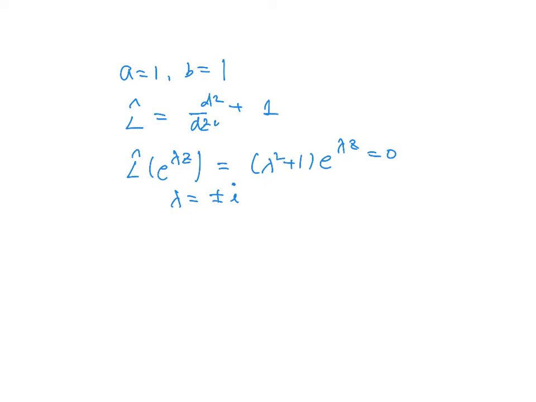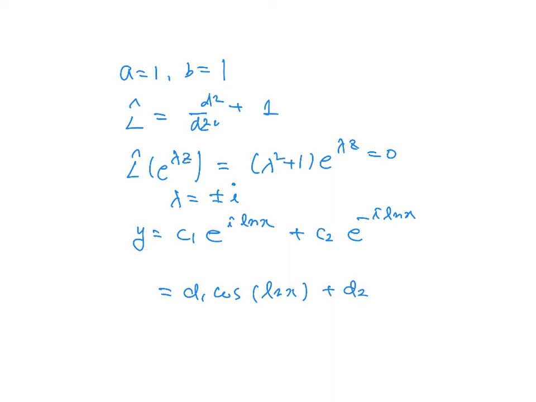The solution is actually C1 exponential i ln x plus C2 exponential minus i ln x. So this can be rearranged into D1 cosine ln x plus D2 sine ln x.